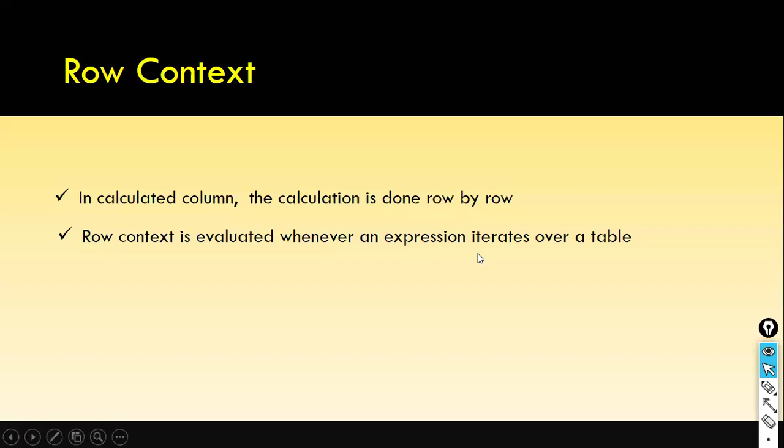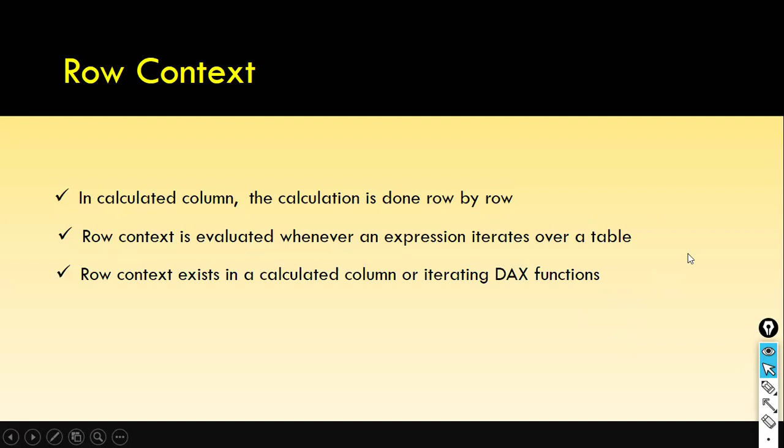For example, quantity and price is an expression, and it iterates over each and every row. The row context evaluates the quantity times price expression as it iterates each row. The row context exists in a calculated column or in iterating DAX functions.